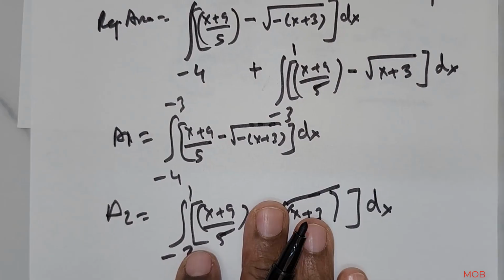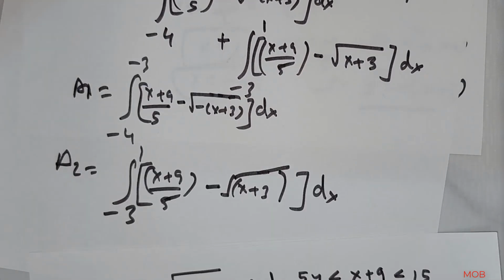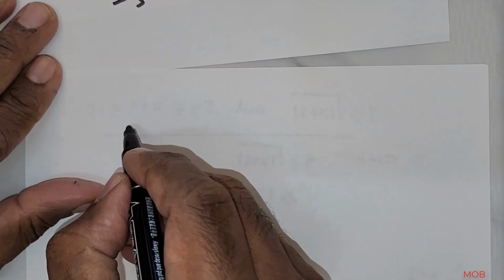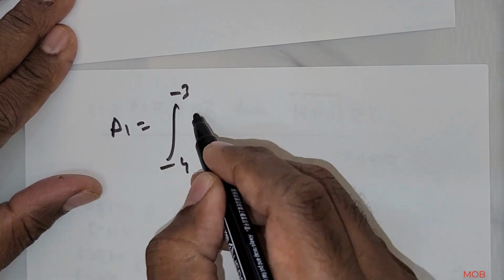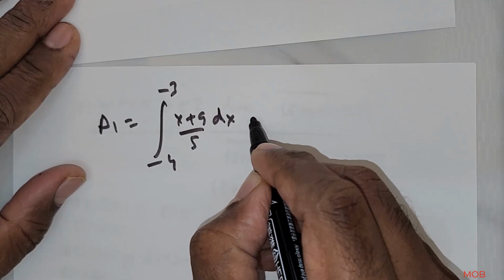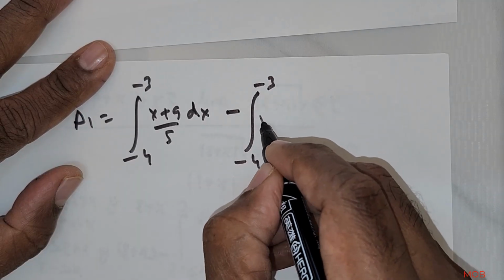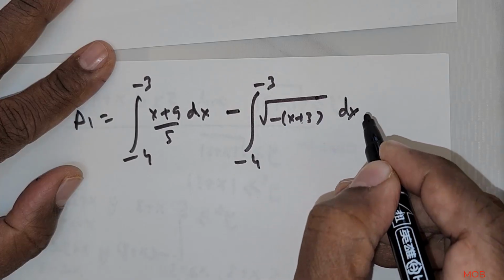So let me go to a new page and start the evaluation. So we will use this space here. So A1 is -4 to -3 of x plus 9 over 5. This is one part, followed by -4 to -3 of root of negative of x plus 3 times the dx.